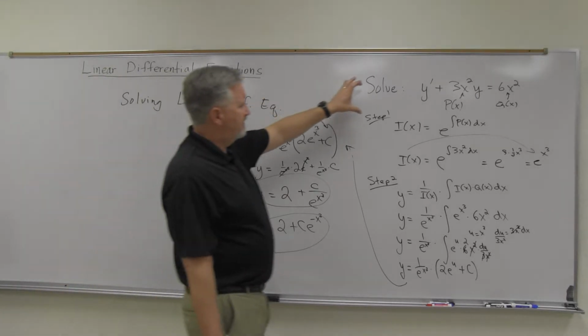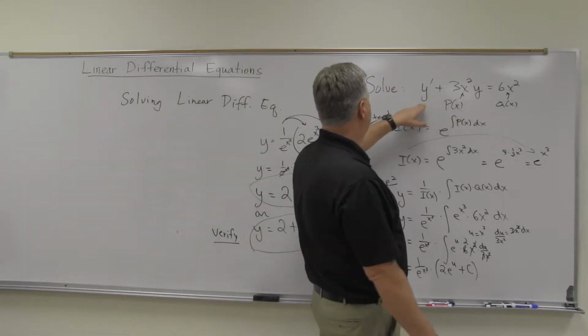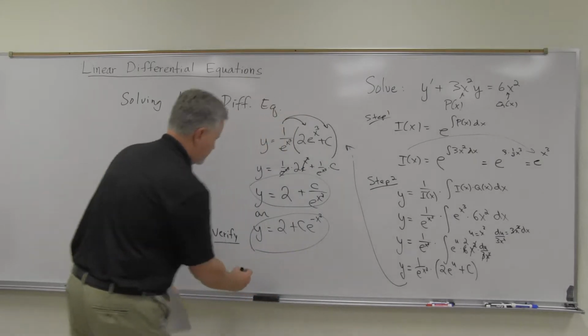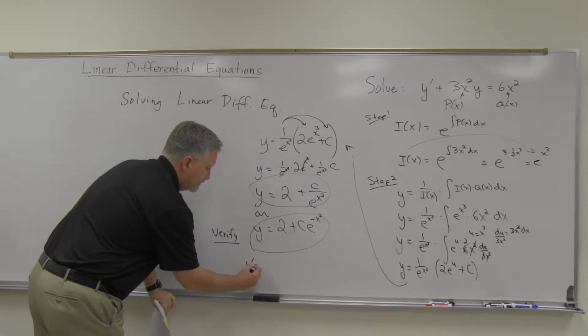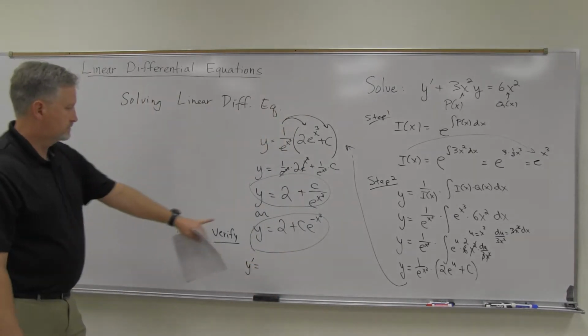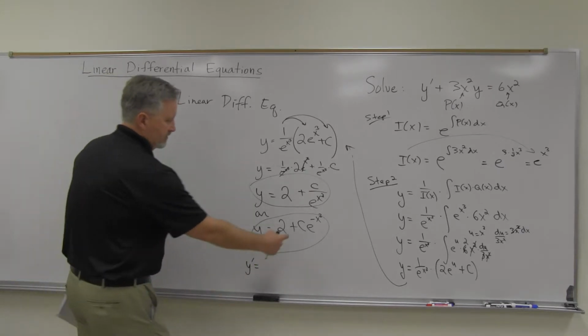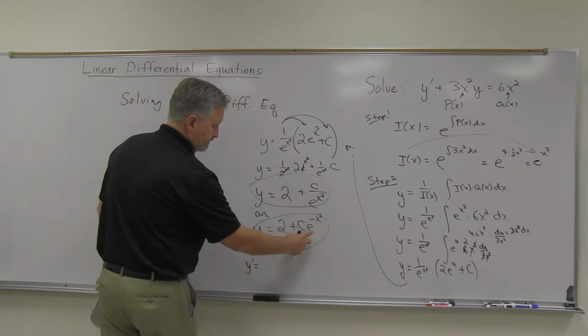So again, remember verifying it, you just plug in the y and the derivative here. So what is the derivative? Well, derivative here would be 0. Derivative of that, just a little chain rule thing.